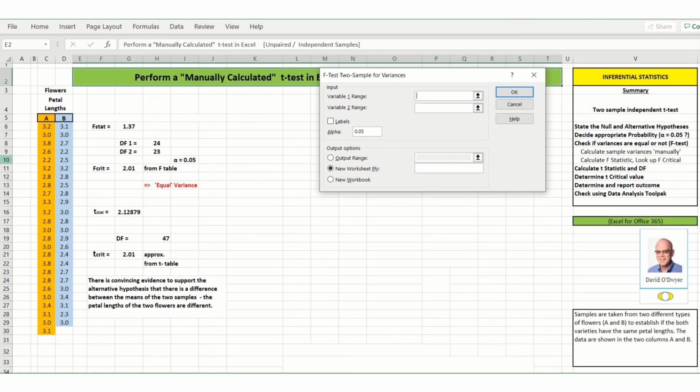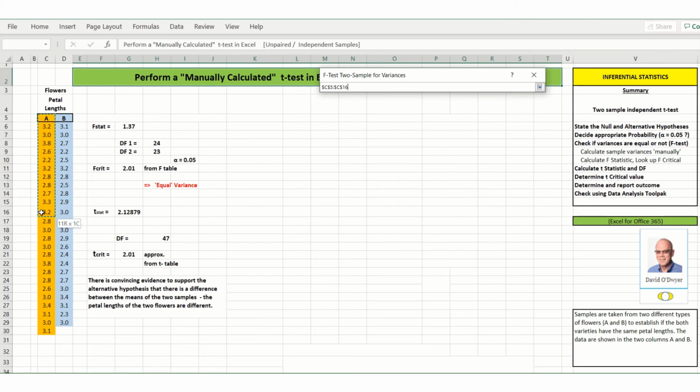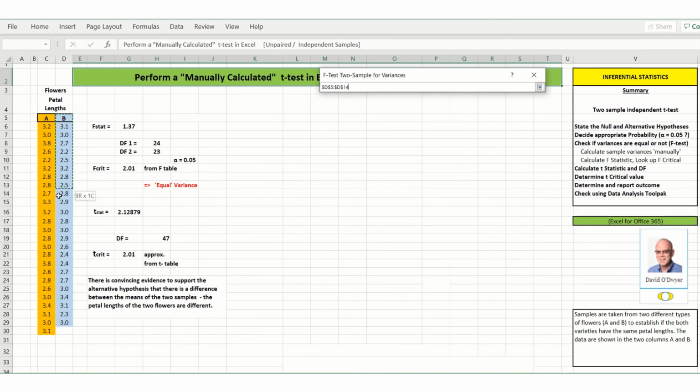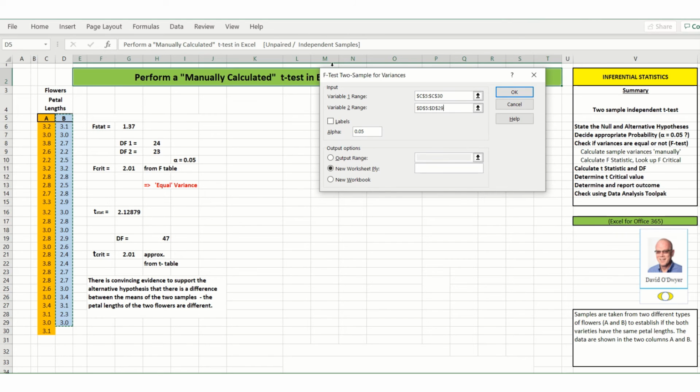So our Variable 1 Range is this first column here, A. We select all of that, and our Variable 2 is B. Now in both cases I've included the header, the A and the B, so in order to alert Excel to the fact that the first row is not measurements but titles or labels, I click this box here, Labels.